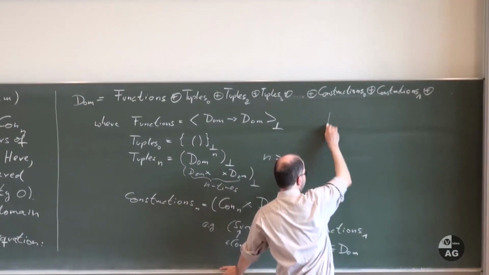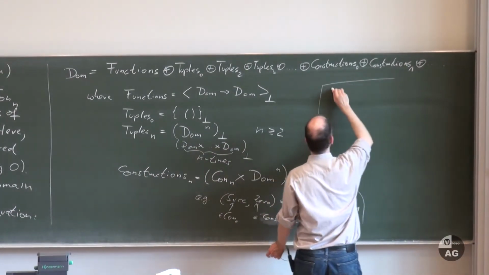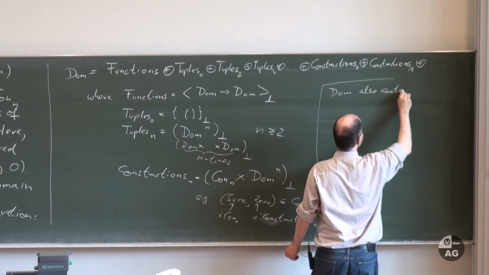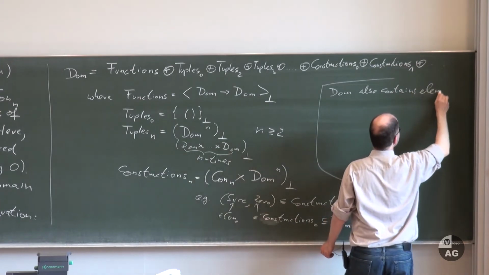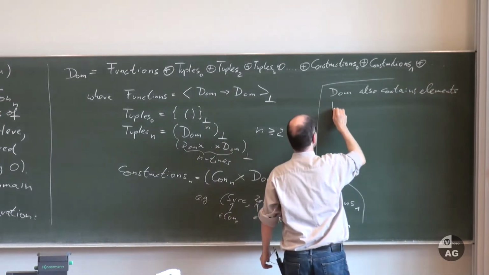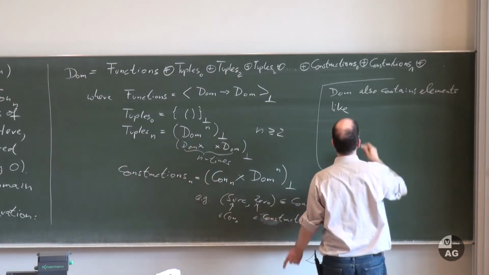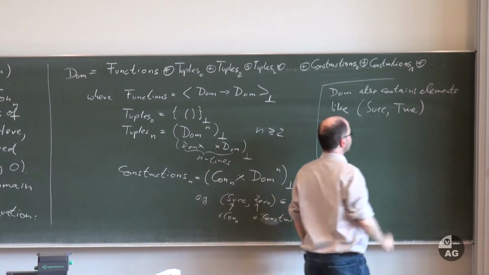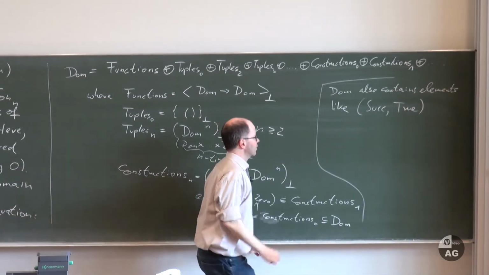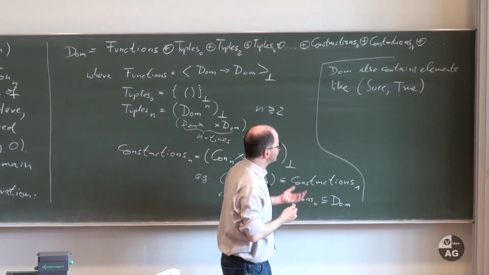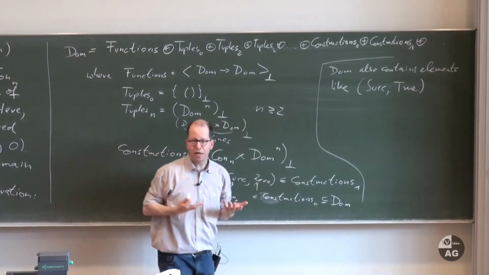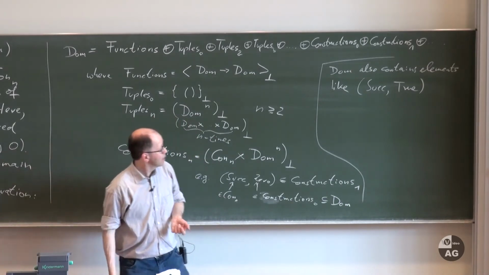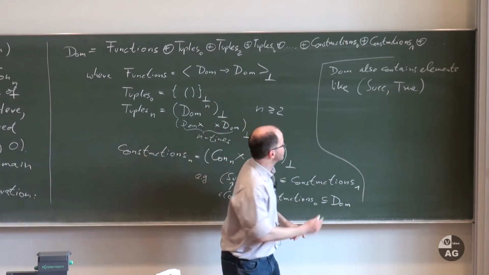So here, DOM also contains elements like, well, if it contains suck 0, then it will also contain something like suck true. Or if you want to denote them like terms, then it's suck applied to true. And these terms are, of course, not needed in the semantics, because no well-typed Haskell expression has this thing as its semantics.